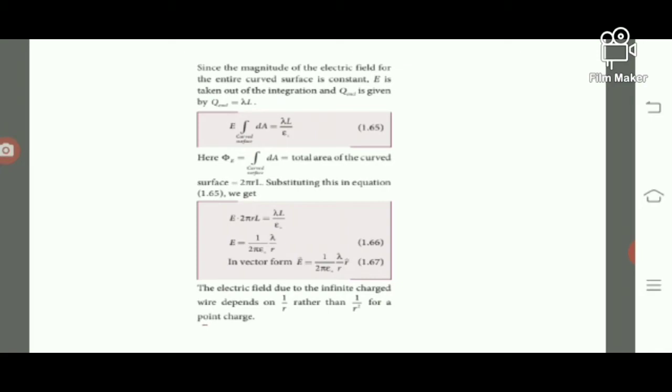Since the magnitude of the electric field is constant over the entire curved surface, E is taken out of the integration, and q enclosed is given by q enclosed equal to lambda L. Lambda means charge density, L means length of the wire.